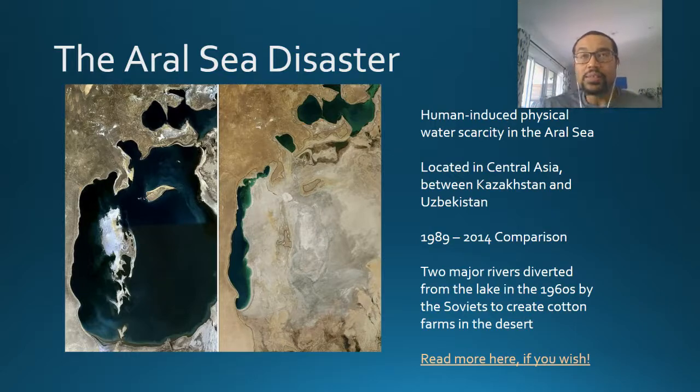Here's a case study. If you've never heard of the Aral Sea, it is in Central Asia. It's part of what was the former Soviet Union, which was a somewhat loose collection of states that was governed centrally by Russia.